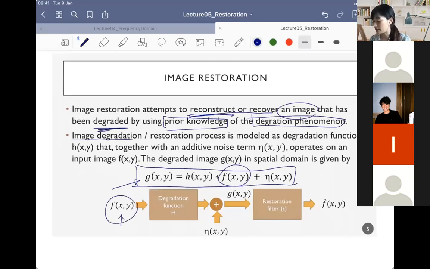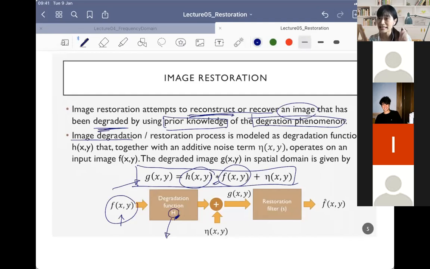The degraded image has been degraded by some certain function h, and you can probably guess that h will be working in the frequency domain later on. This process of degradation is defined by the convolution.